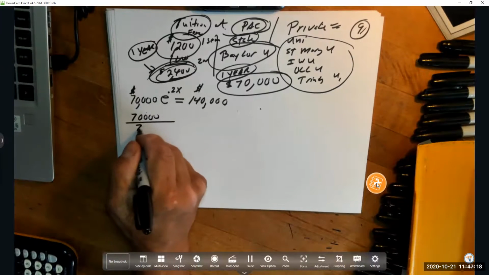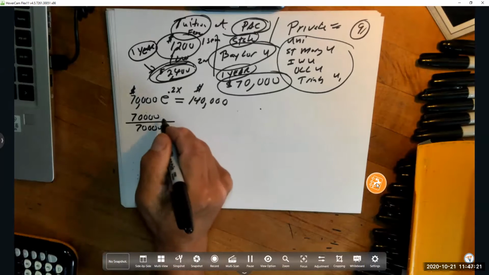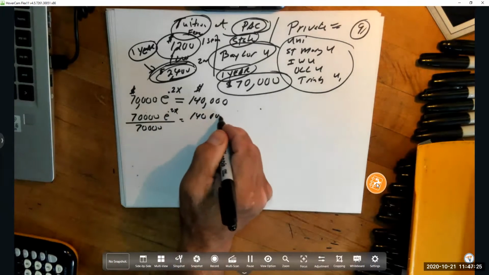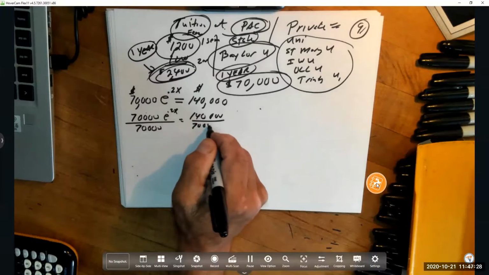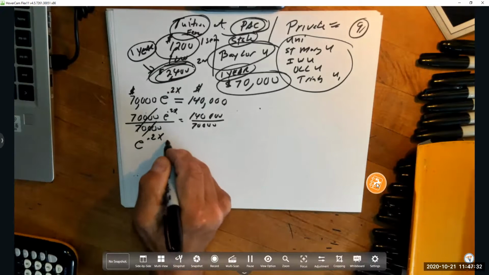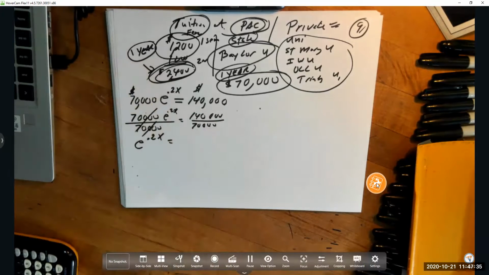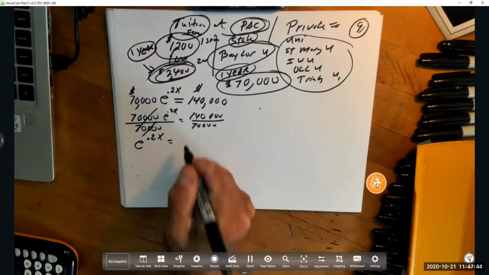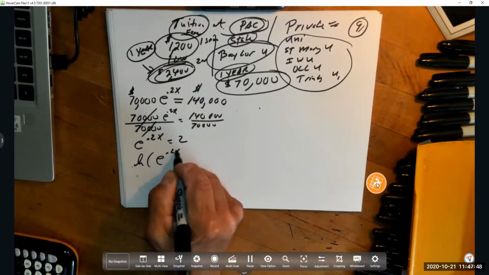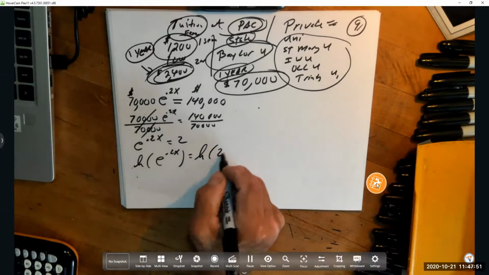So let's solve this one. Step number 1, divide by 70,000 on both sides. And this one, same thing. Divide both sides by 70,000. Okay, so these are gone. So e to the 0.2x is, you tell me, what's 140,000 divided by 70,000? Give me a number. 2. All right. So now I'm going to take ln of e to the 0.2x, which is ln of 2.